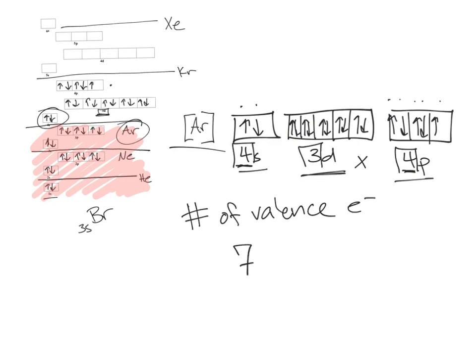And you'll see if you practice these enough that the d orbital actually never counts in valence electrons, because by the time you get to filling up the d orbital, you've already filled in the higher level's s orbital. So the maximum number of valence electrons that an atom can have is s plus p, which is a total of 8. So you can never have more than 8 valence electrons, even though you can have more electrons than that in a shell.